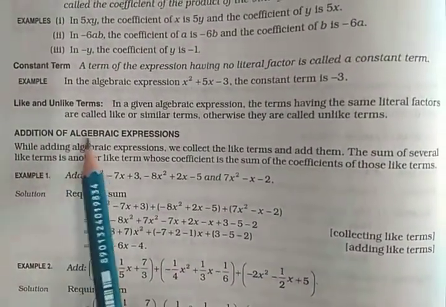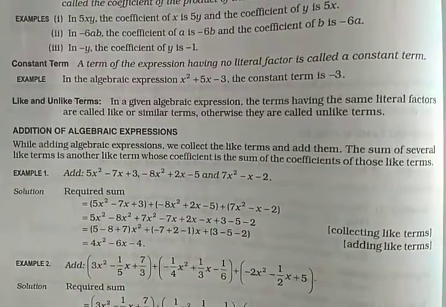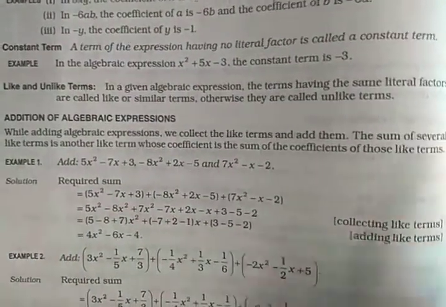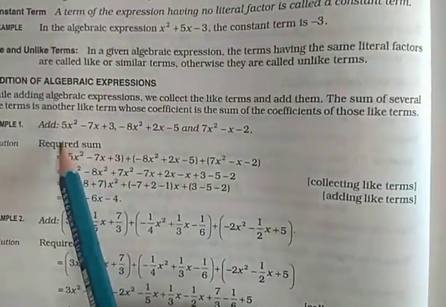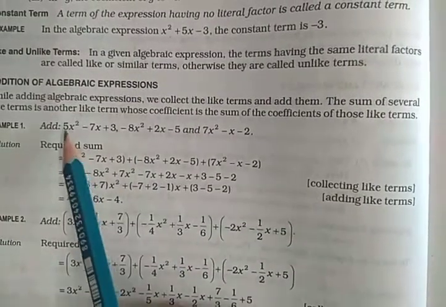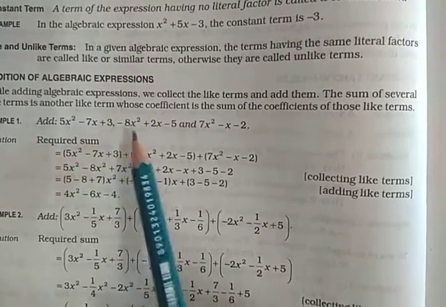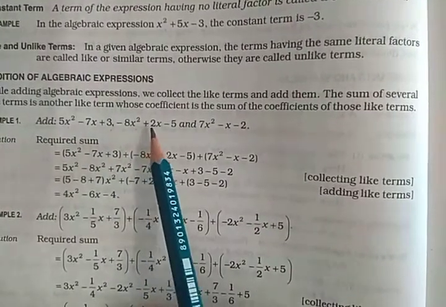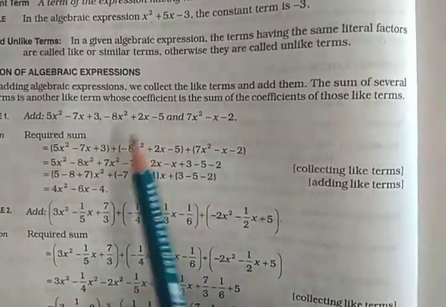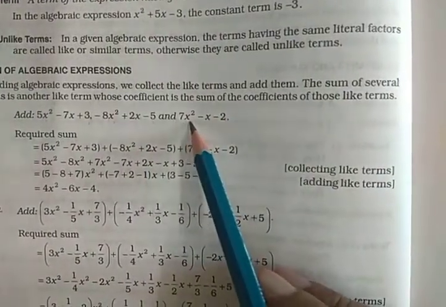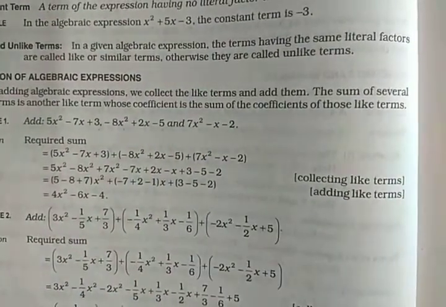Now, addition of algebraic expressions. Example 1: there are three expressions: 5x square minus 7x plus 3, minus 8x square plus 2x minus 5, and 7x square minus x minus 2.